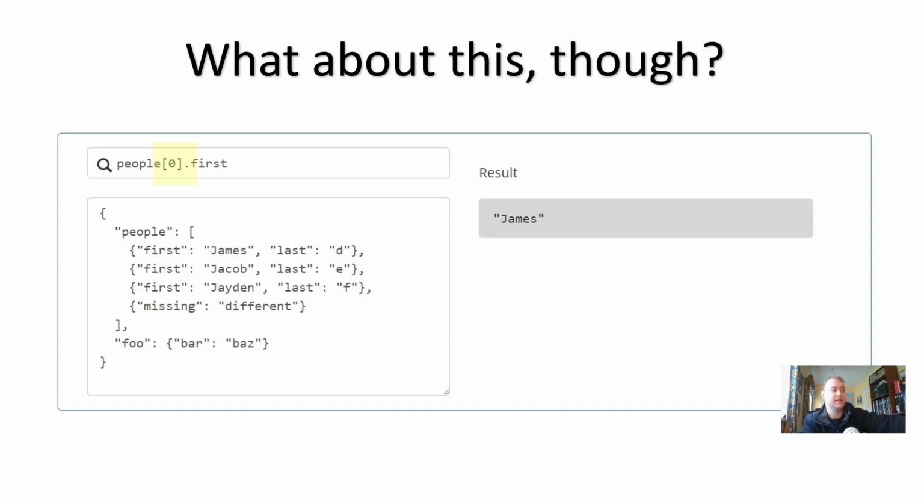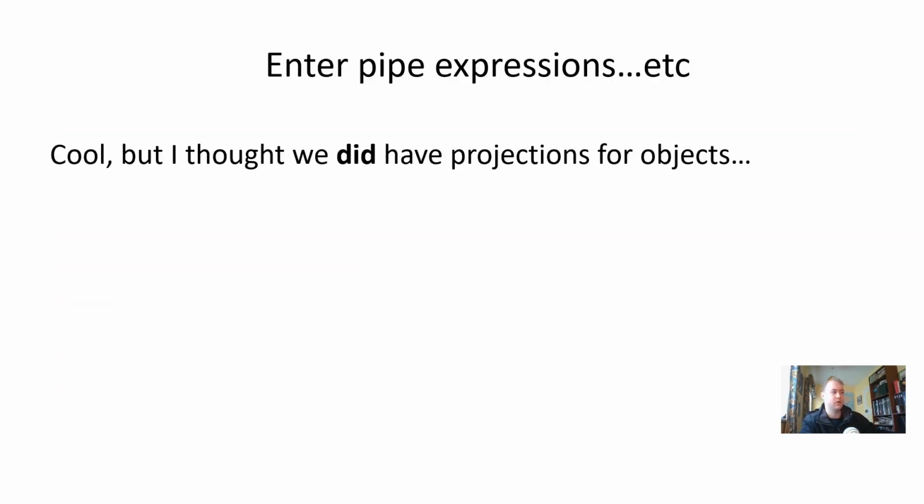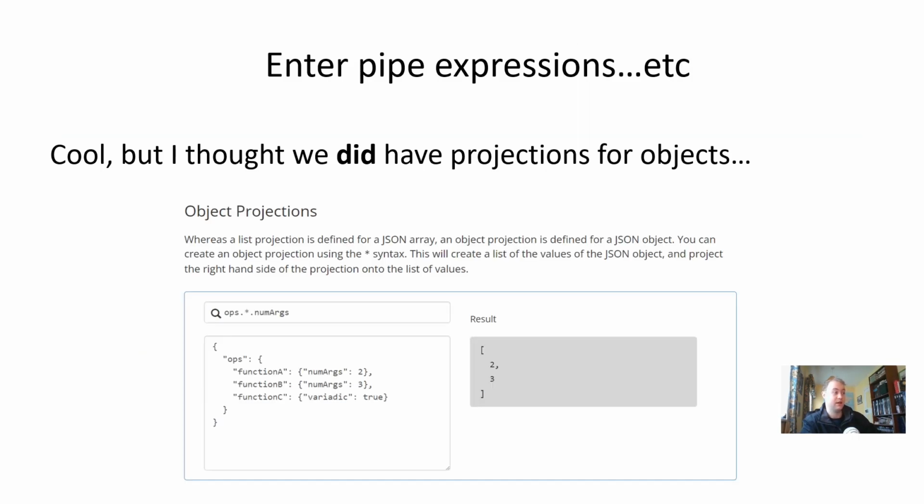James is an object. His properties are bunched together in curly brackets. Therefore, any sort of tool that's used for lists won't work for that. So that makes me think, well, hold on. We do have a tool for working on objects, and that is object projections.